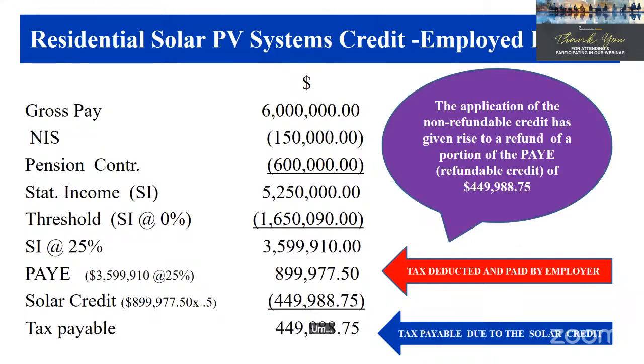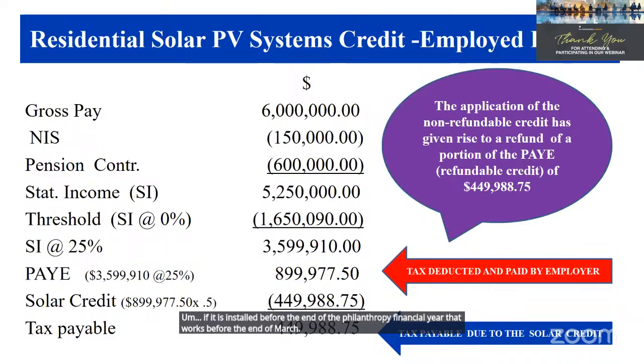If it is installed before the end of the financial year that we're coming to, the end of March, would I still be eligible to claim for it this year, or do I have to wait until next financial year? That's one. Two, I heard some mention that I need to apply for the certified electrical license. Did I misunderstand? Is it me who's supposed to apply for it, or the person who's installing the solar system?